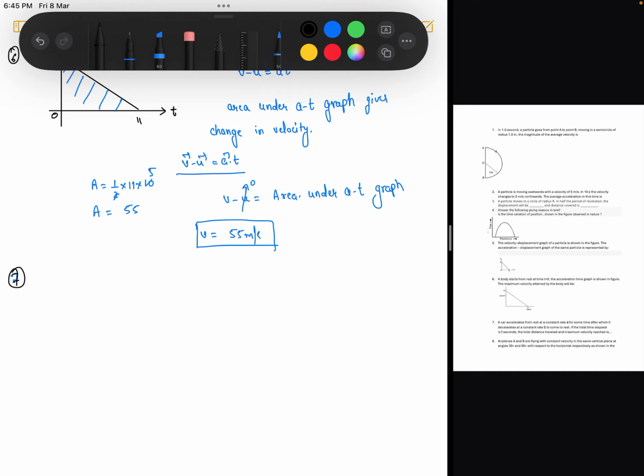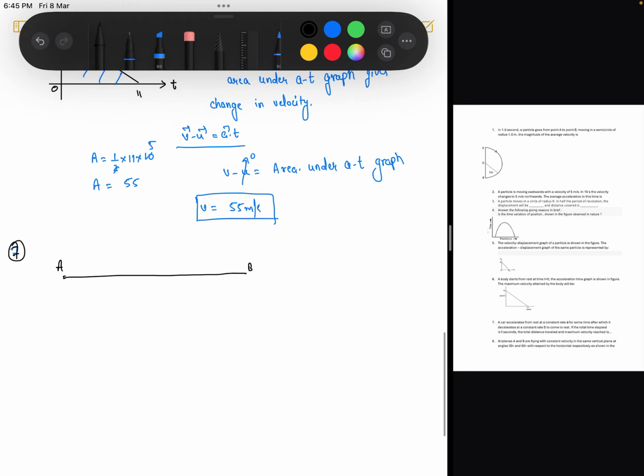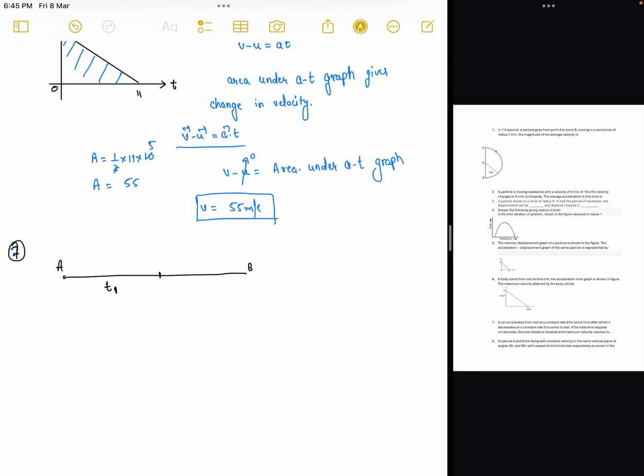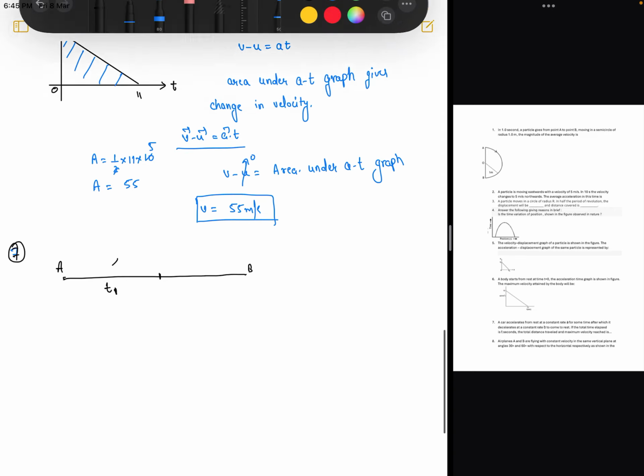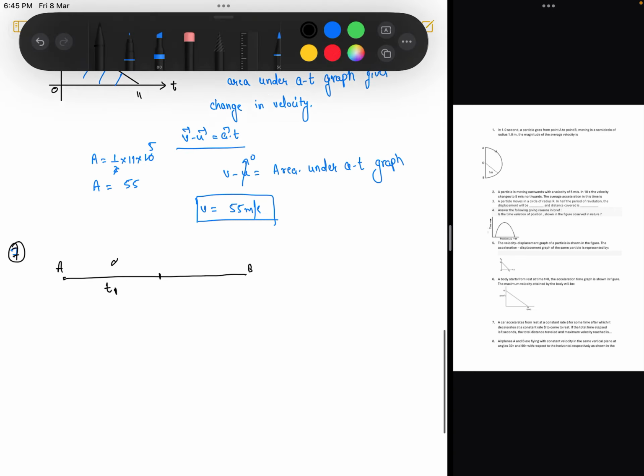The situation given in the question is, the particle is moving from point A to point B, and for a particular interval of time, let us suppose t1, it is accelerating with a rate of alpha and the total time elapsed is given as t seconds.